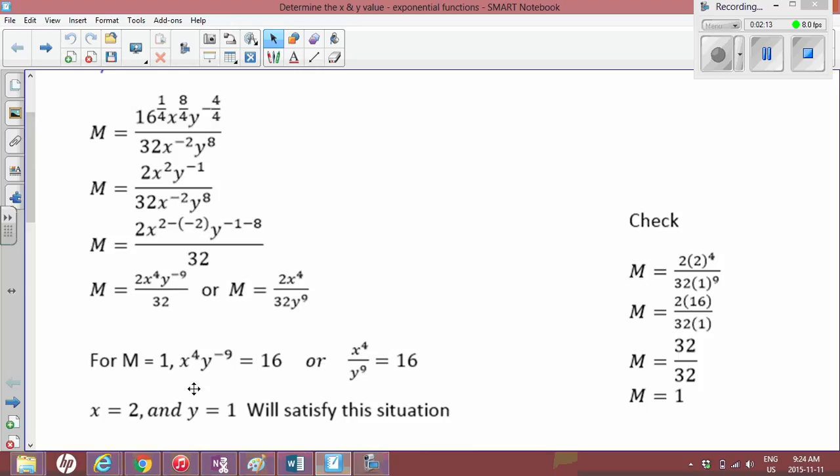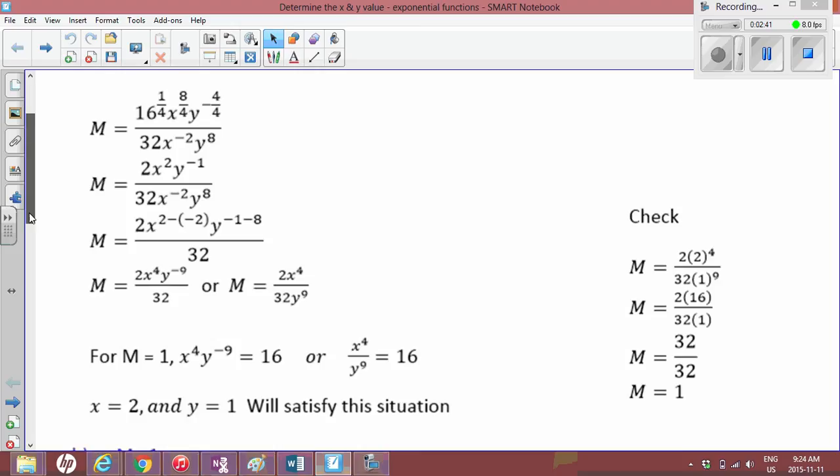So you'll notice that if I use x equals 2 and y equals 1, so 2 to the power of 4 is 16, 1 to the power of 9 is 1, it will satisfy this. So here's your check. I've substituted 2 and I've substituted 1, and you'll see that m equals 1. So that's one answer to one part of the question.